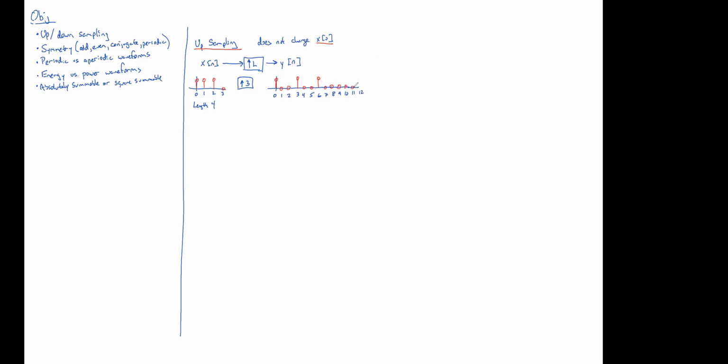So we end up with this being 0, and then we insert another 2 zeros. So this whole sequence, and now notice there's nothing at 12, there's nothing at -1. It's a finite length signal in, finite length signal out. It was length 4, and our modified signal is length 12.